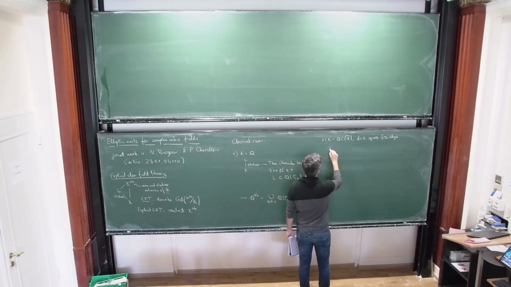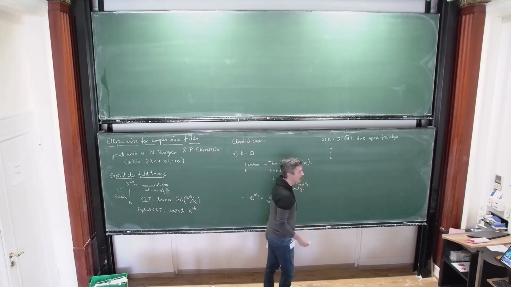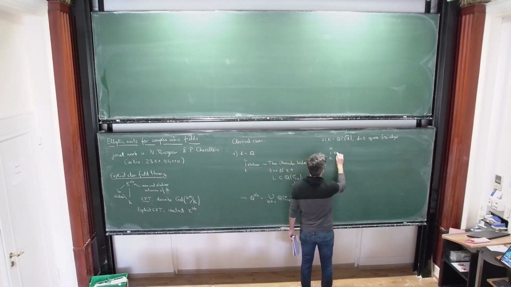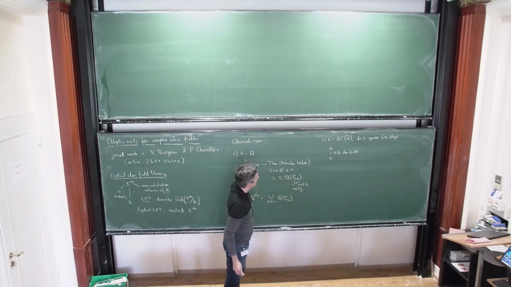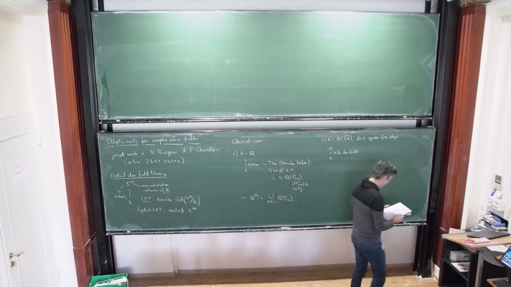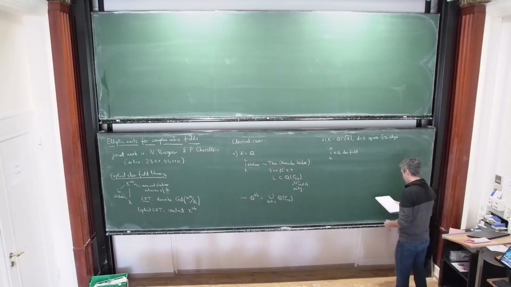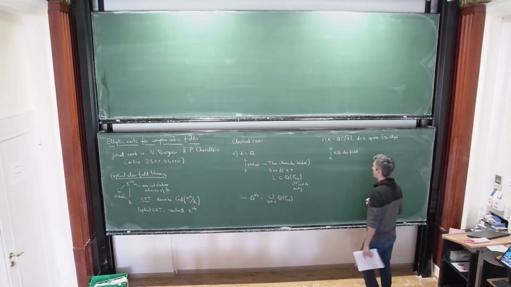One of the things one can look at is a particular abelian extension called the Hilbert class field. And there the Hilbert class field for these imaginary quadratic fields can be constructed explicitly.